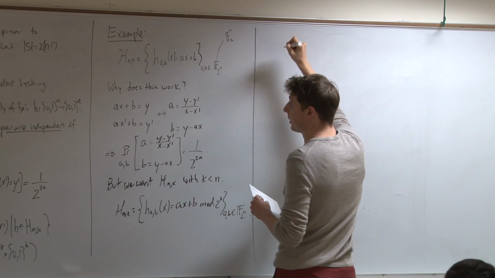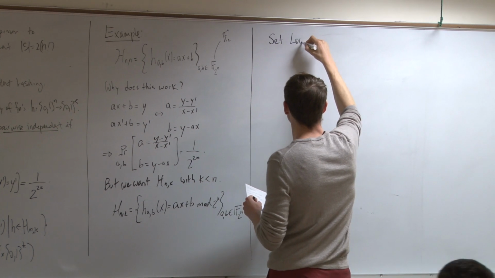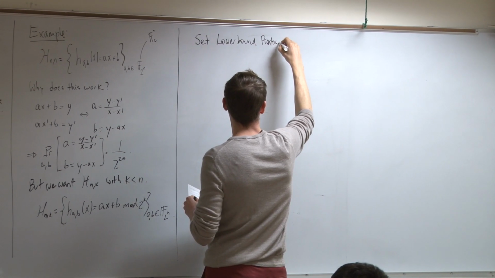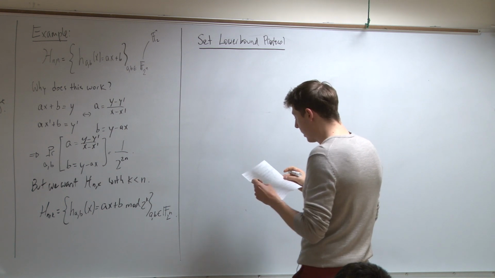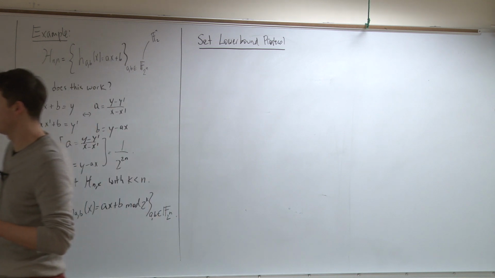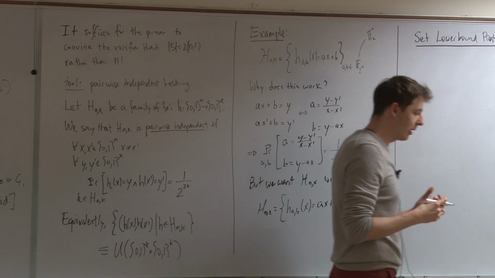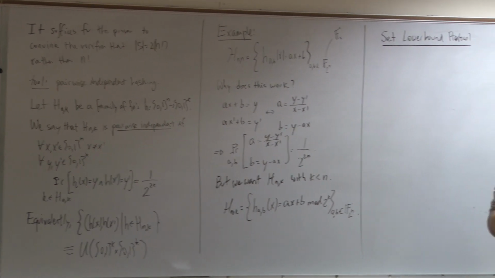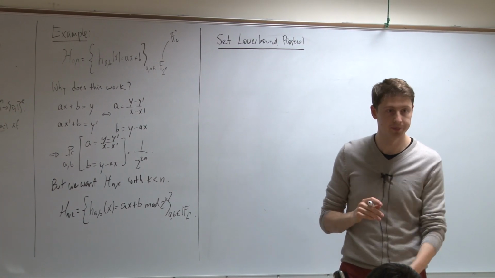Here's the idea that Goldwasser and Sipser introduced, that of a set lower bound protocol. Now we're going to take a step back. We're going to forget for a moment that we came from this particular problem, and think about a class of abstract problems where the prover wants to convince the verifier that a certain set has large size.